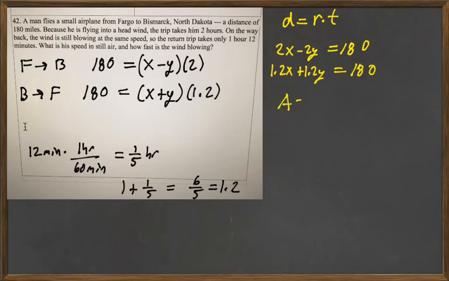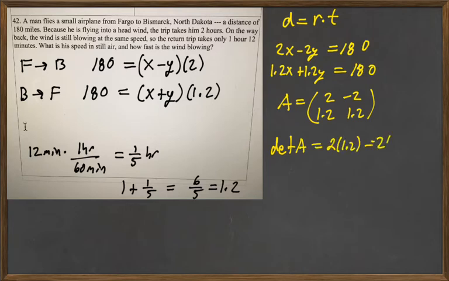Then we can set up our coefficient matrix as 2, minus 2, 1.2, 1.2, and find its determinant. That's 2 times 1.2 minus negative 2 times 1.2, which is 4.8. Then we find the inverse matrix, 1 over 4.8.